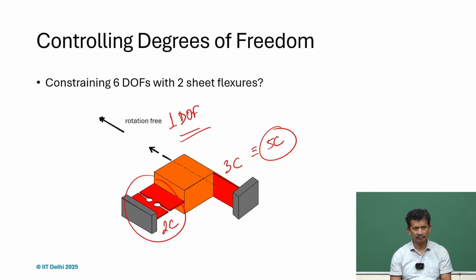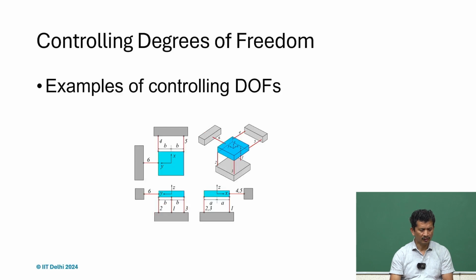So, if you consider 2 sheet flexures as our over constraint design, and you want the exact constraint version of that, one of the sheet flexures you have to use, and the other one you use with the hole. Some more examples we can use show how we can control different degrees of freedom.